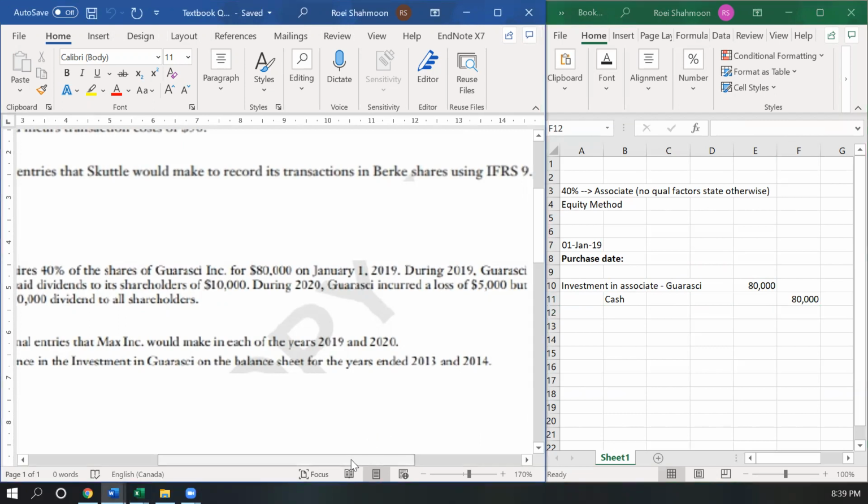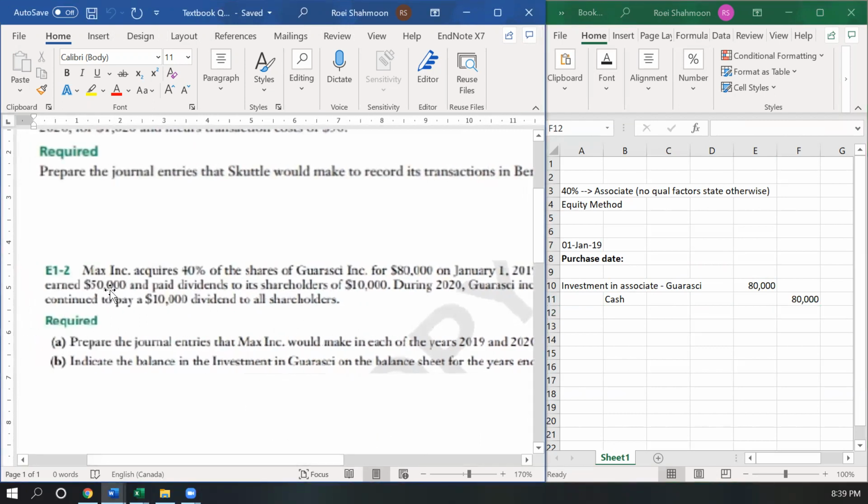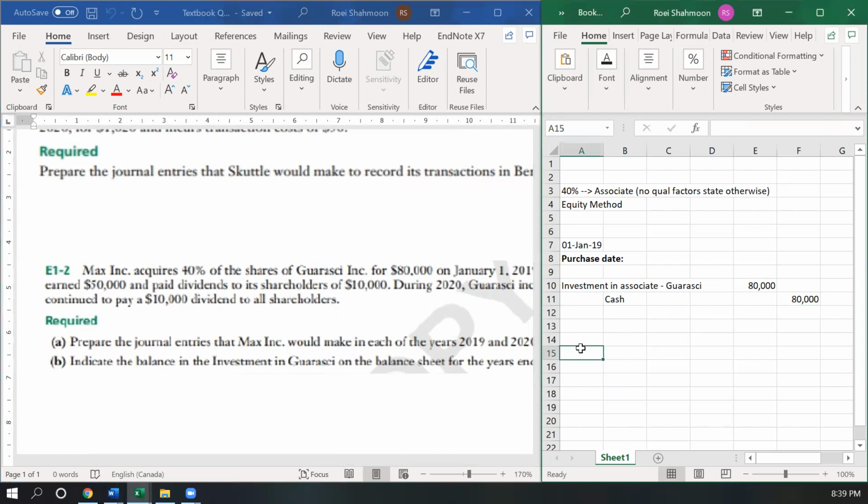Now, during 2019, Goraski earned 50,000 and paid dividends to its shareholders of $10,000. So at the end of the year, basically, December 31st, 2019, I need to make some adjustment entries.